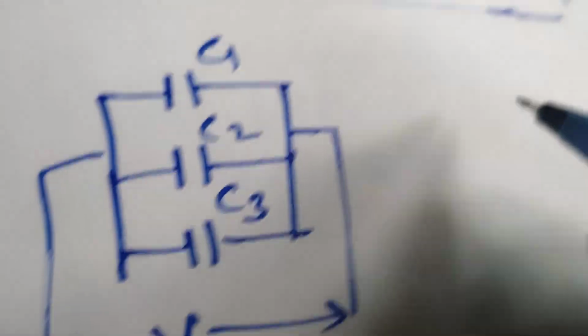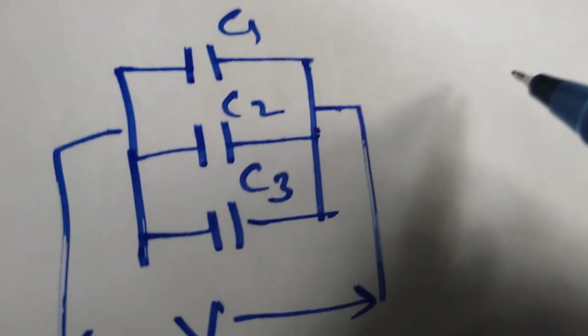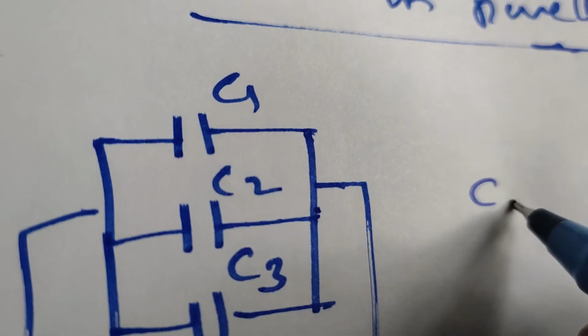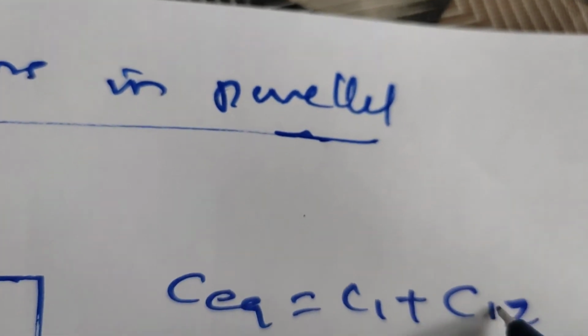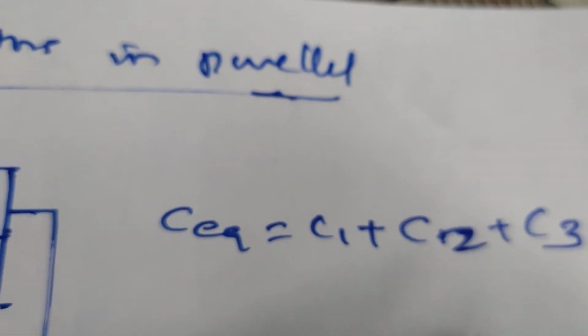Then what happens? Capacitors in parallel connected to voltage. So C equivalent equals C1 plus C2 plus C3.